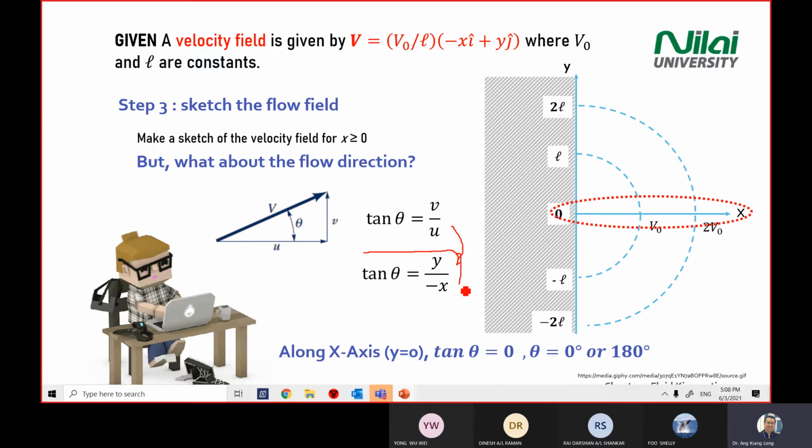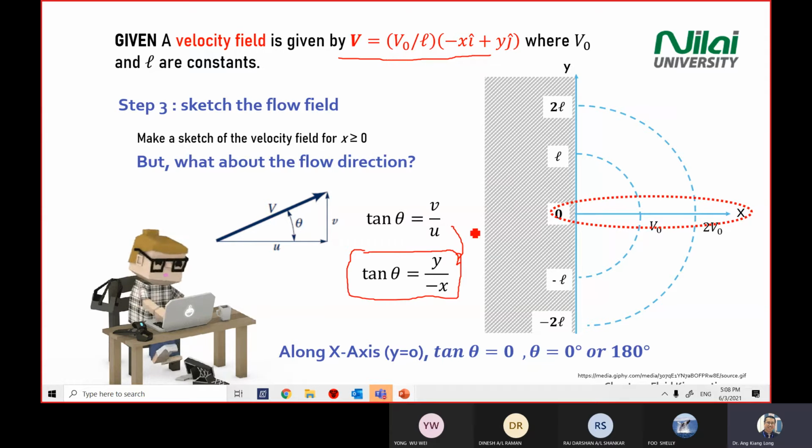You must understand, because you are substituting based on the scenario given in the question. Your u value and v value with the x and y just now, you substitute inside, you get tan theta equal to y divided by minus x.